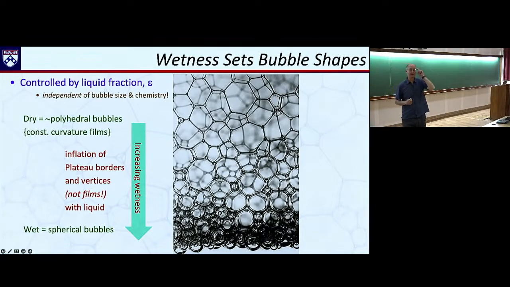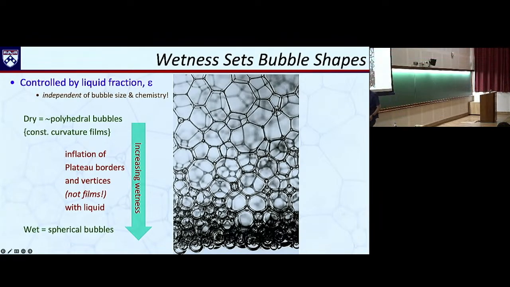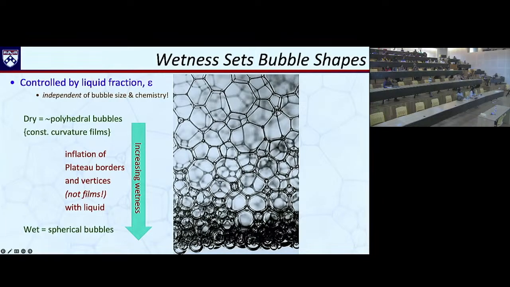Yeah, so although the film thickness isn't affected, I guess if you look at a film, how far out you have to go before you sense curvature, you see, I need my hand. I know what you mean. Yeah. So the film flares into a plateau border. And that depends on wetness, presumably. That depends on wetness. Yeah. So here's the film.